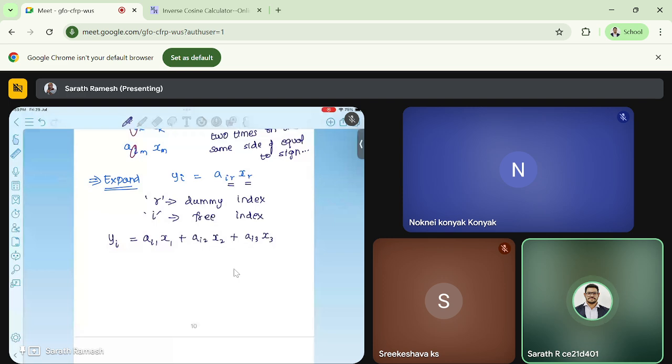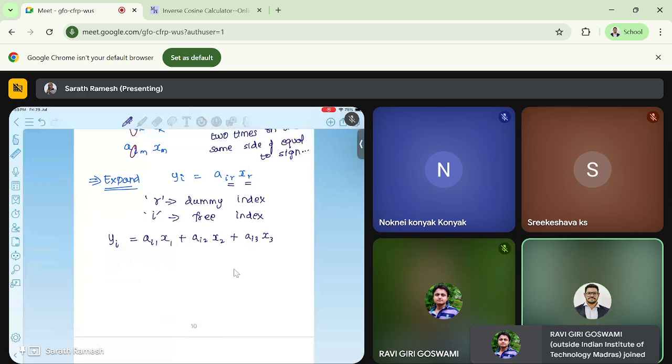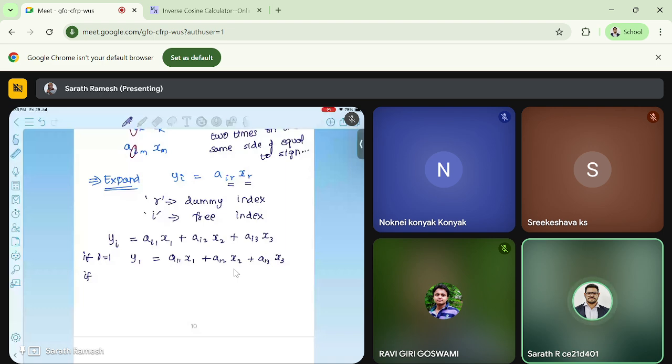If i equal to 2, it means y_2 is equal to a_21 x_1 plus a_22 x_2 plus a_23 x_3. And if i equal to 3, y_3 equal to a_31 x_1 plus a_32 x_2 plus a_33 x_3.